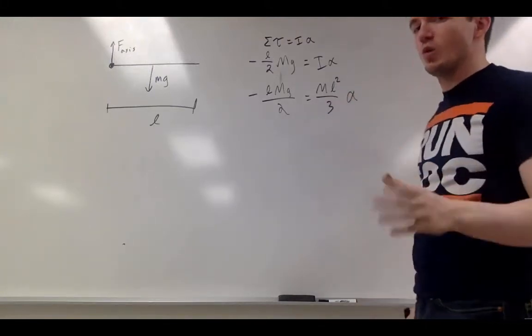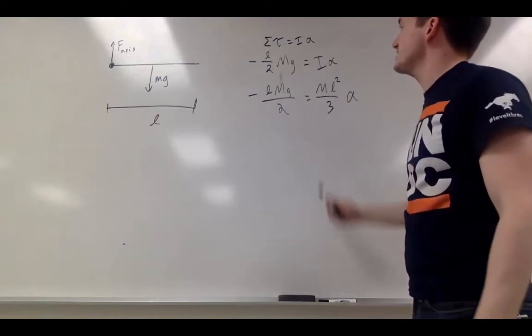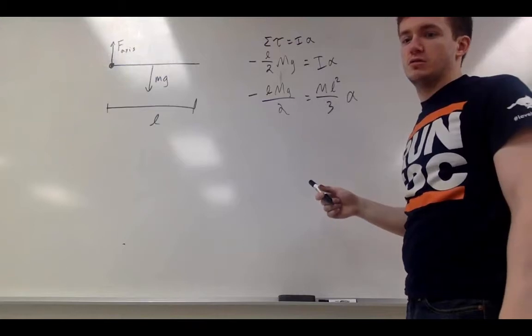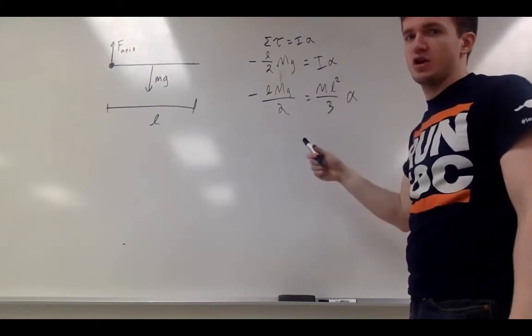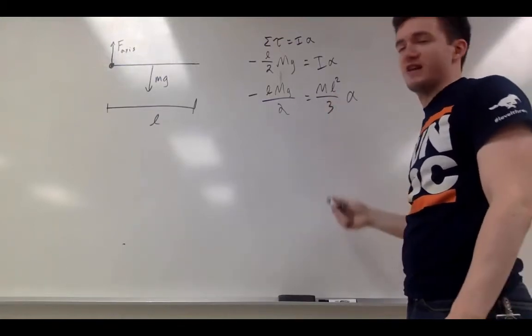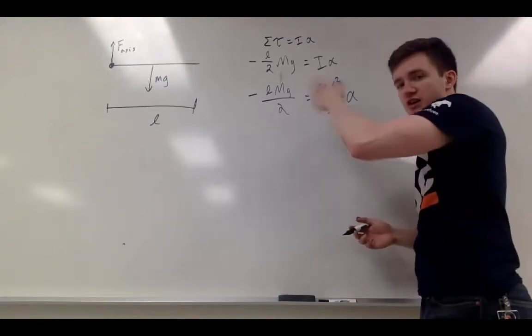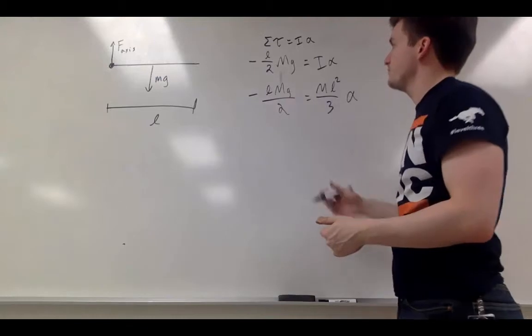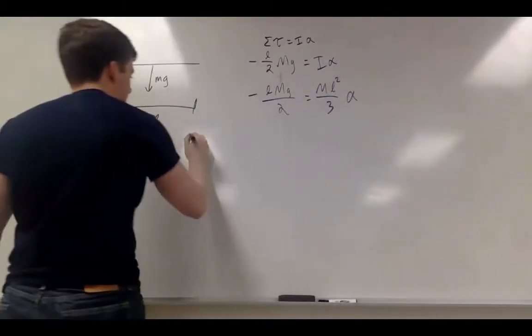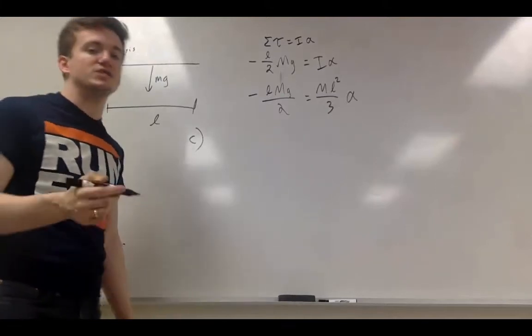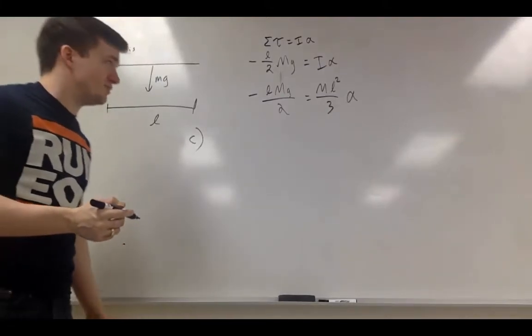Really, the only thing that I want to focus on is the fact that you can cancel stuff out. So you probably should. We're probably going to use this value later, so we want to cancel some stuff out and make our life easier. Don't go crazy if you're not comfortable with it. But you definitely want to get rid of some stuff. So we solve that for alpha. We get an answer. Then in part C, it wants the translational acceleration of the center of mass of the rod. This was actually a pretty easy question.